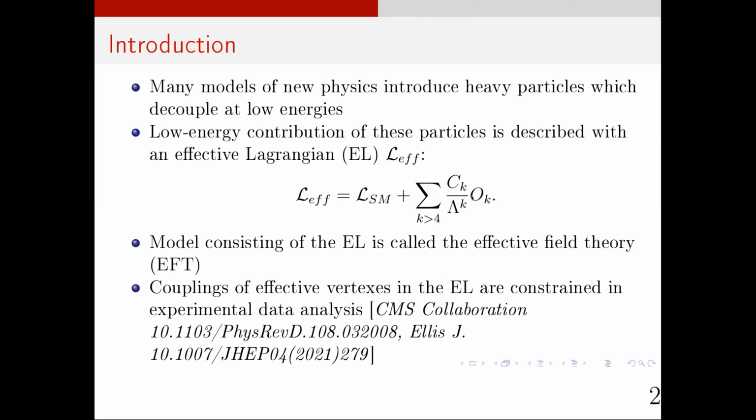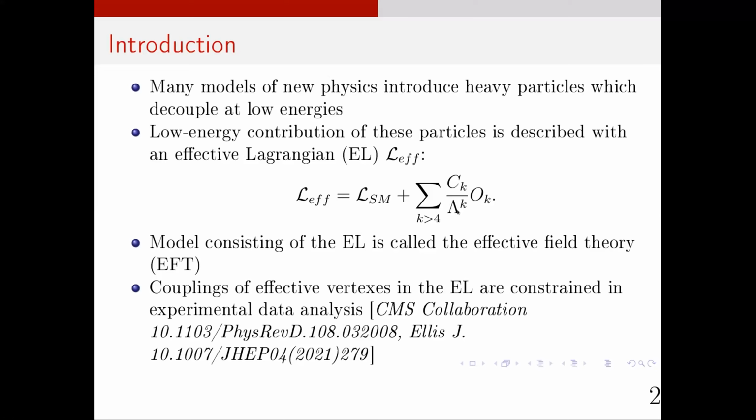the contribution of this operator of dimension k is suppressed by some large mass lambda to the power k. So, for example, if we have operators of dimension 6, then their contribution is suppressed by lambda squared.